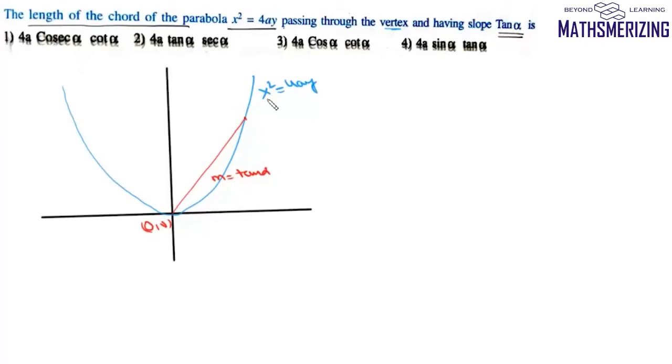Now we know that any point in this form we can write it as 2at comma at square.